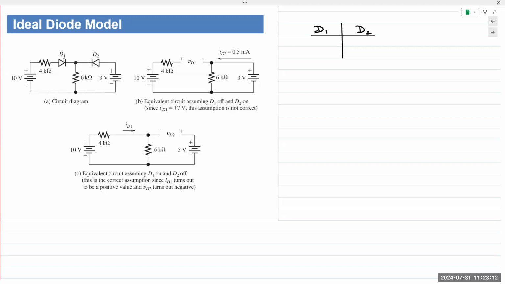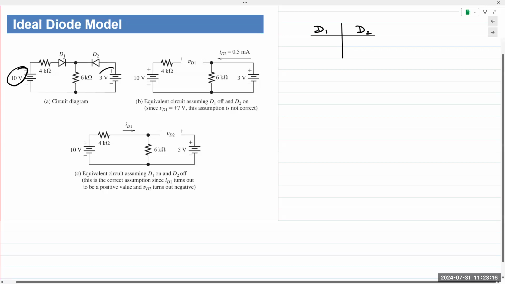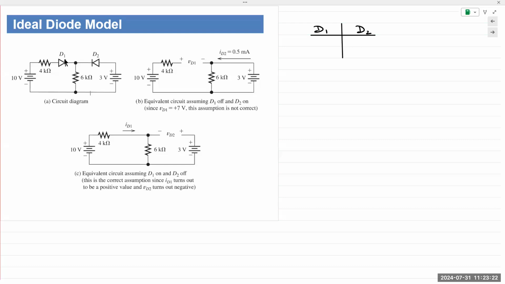So here we'll apply our logic by looking at the value of the voltage sources. What do we see? We see that there is a higher voltage on the left and lower voltage on the right. Now, it's not directly applied to those diodes because there are a lot of other components in the middle.